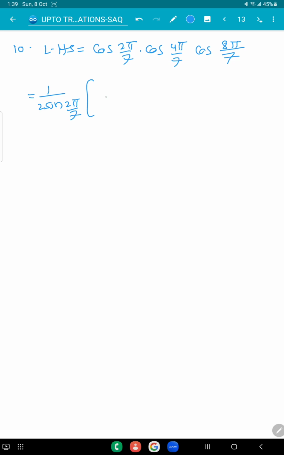Let us consider LHS. LHS is equal to cos 2 pi by 7, cos 4 pi by 7, cos 8 pi by 7. Multiplication and division by 1 by 2 sine 2 pi by 7. So 2 sine 2 pi by 7 cos 2 pi by 7, remaining two terms are as it is.